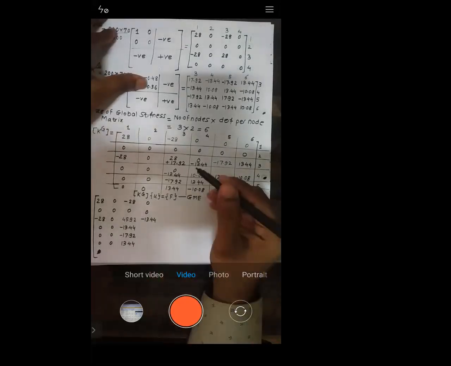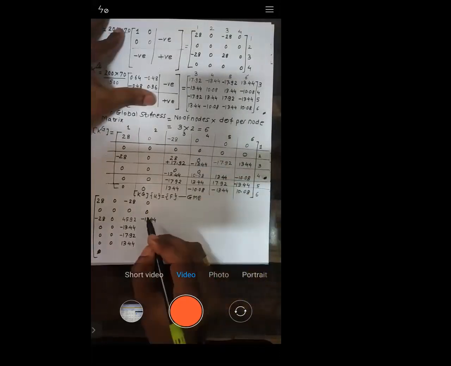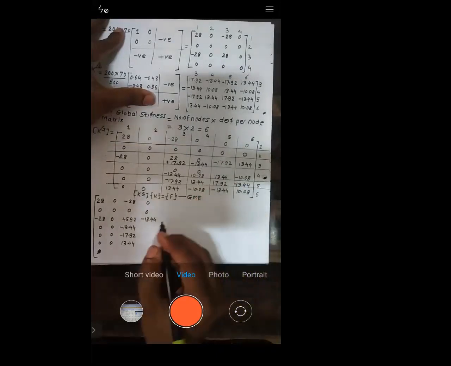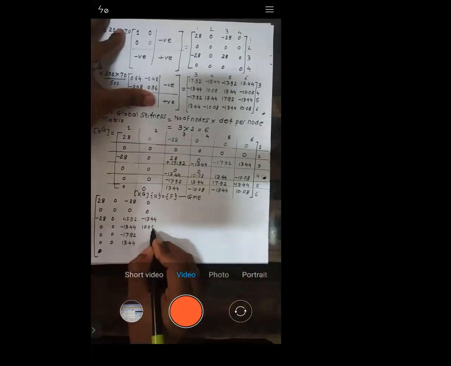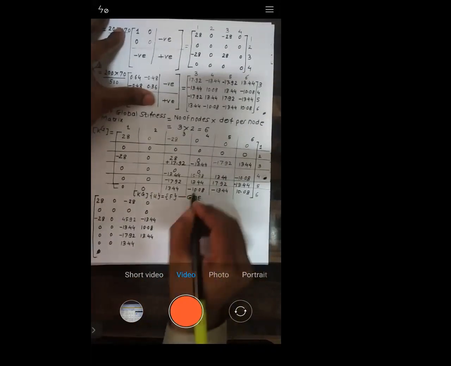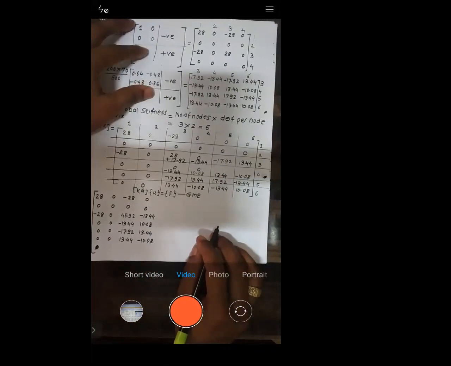So see, this is 0, this is 0, then 0 minus 13.44, it's minus 13.44, then 0 plus 10.08, it's 10.08. Next, it is 13.44. See here, this is 13.44, then this is minus 10.08. Next, come back here.